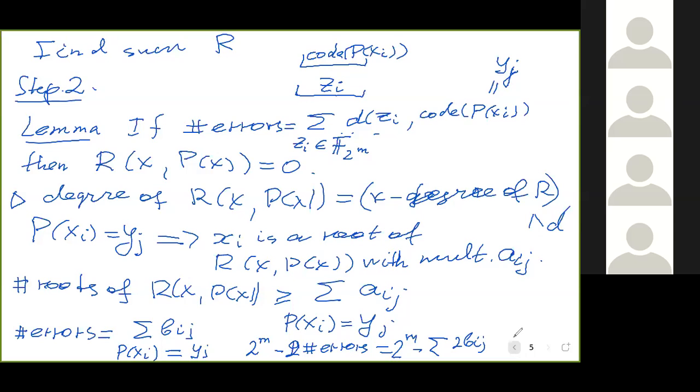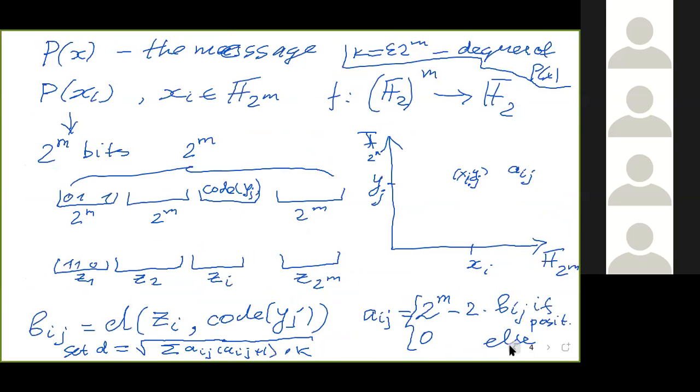And now recall how we defined our aij. We defined aij equal to 2 to the m minus 2 Bij if positive, and otherwise zero.